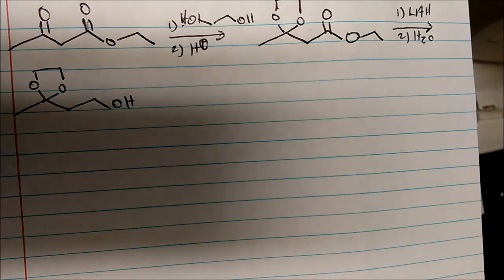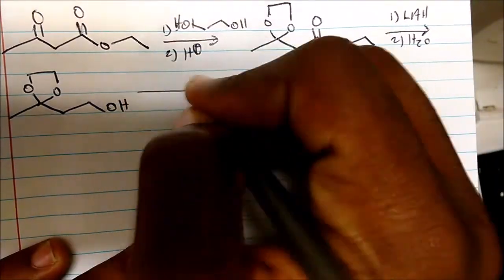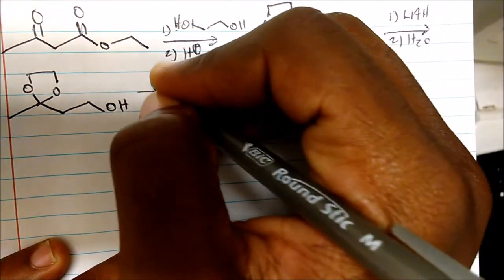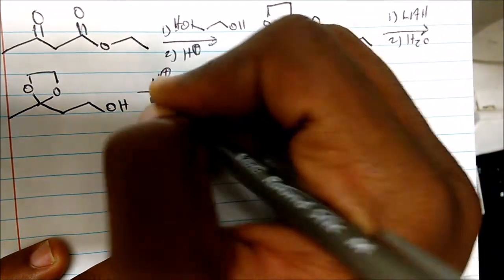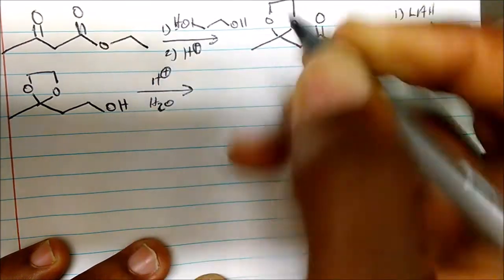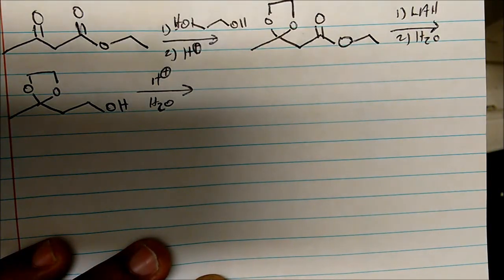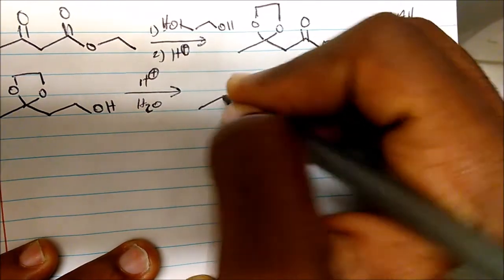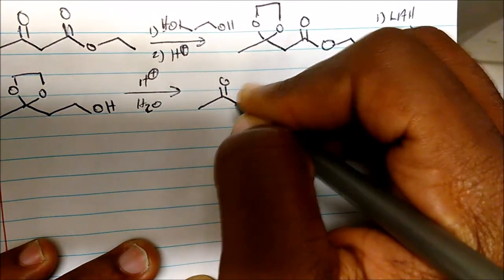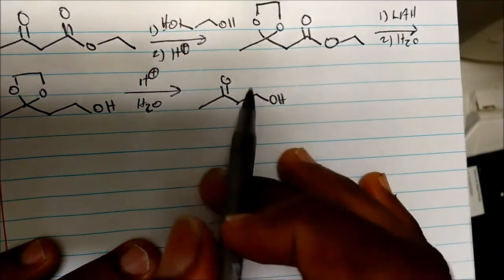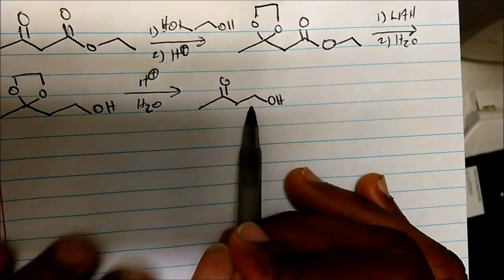I think I've been saying alcohol all along, but remember, ethylene glycol protects ketones and aldehydes, not esters or carboxylic acids. So in order to deprotect my ketone, I could just add acid, which is the same thing as H plus in water, and I'll get my product to be something like this. So this is how I would carry out a synthesis.